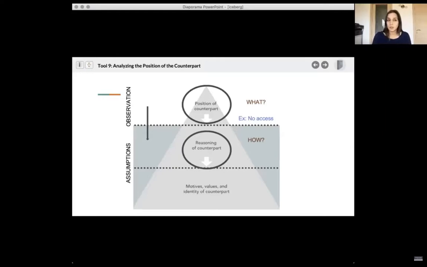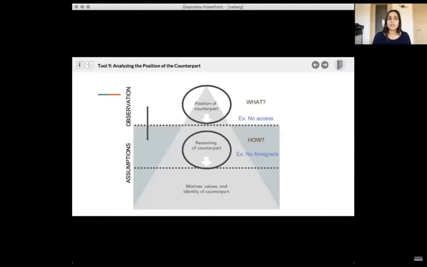In our example, we could assume from our reading of the context, from what we hear from actors within the network of the counterpart, that the commander considers that no foreigners should actually enter his territory, or he considers that any type of assistance to his population should be given through him. So that could be some of the logic and reasoning behind the no access position.